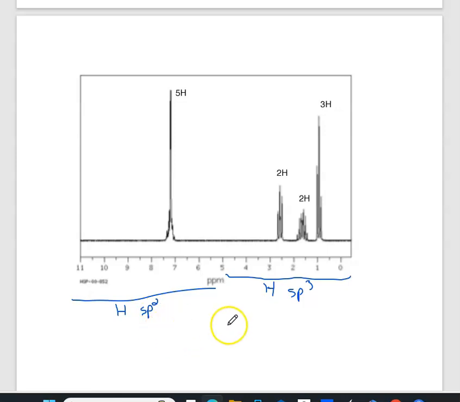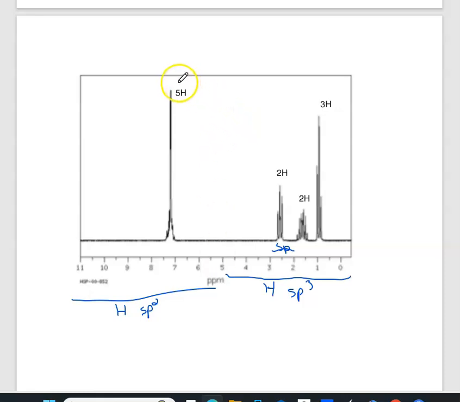And in the 2 to 3 range, we're going to see the sp connectivity. Okay, so that gives us what the hydrogen should be attached to.